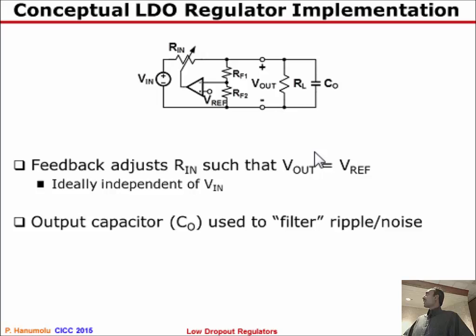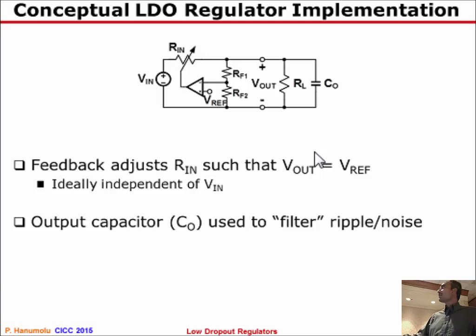You choose your variable resistor, maybe an NPN or NMOS or PMOS. I'll refer to these as pass devices. There are many choices for the pass devices, which we will discuss shortly. And this is the simple feedback loop. The feedback loop is now forcing the output voltage, or the fraction of the output voltage, to the reference voltage.